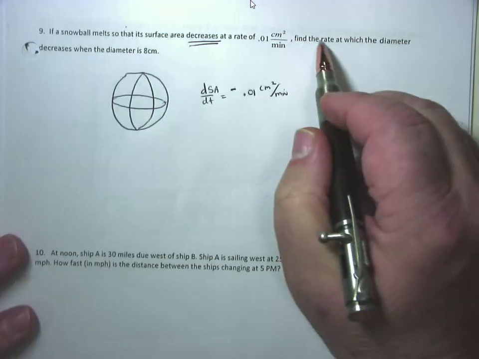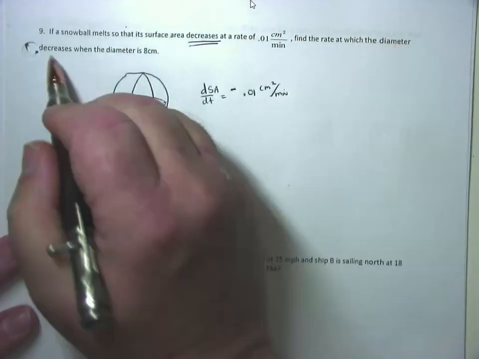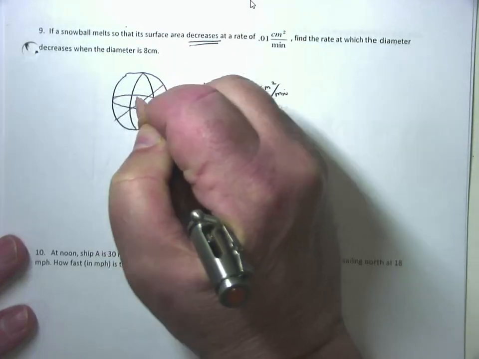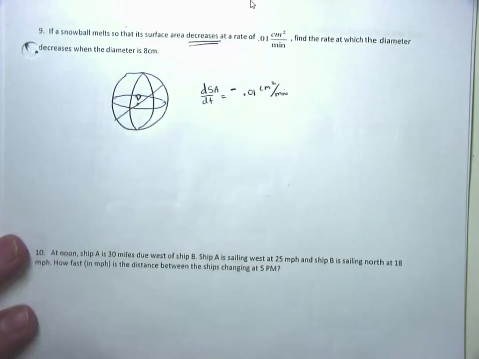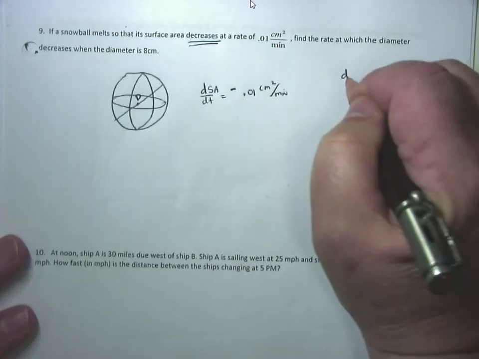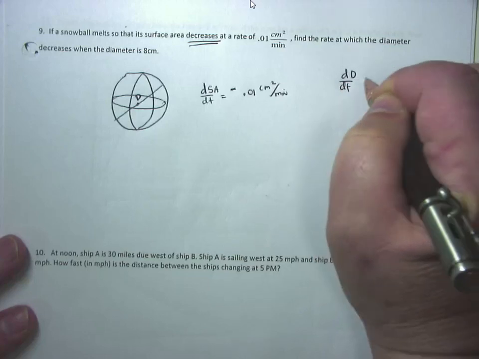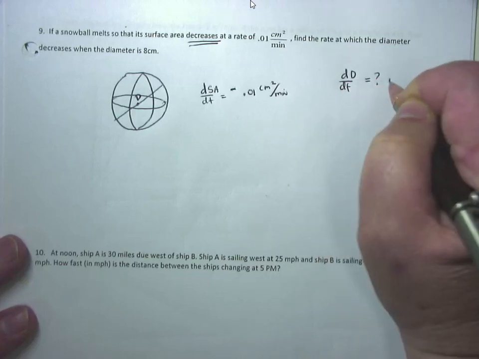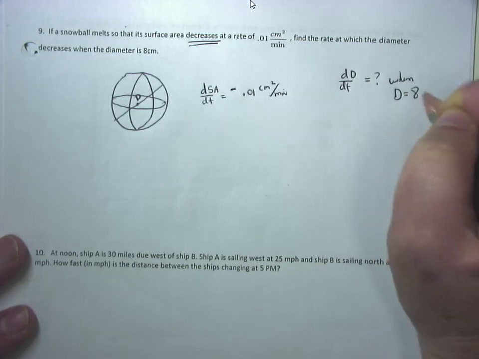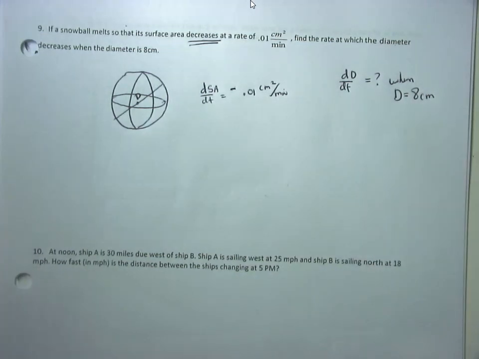Find the rate at which the diameter decreases. So the diameter is the distance from one side of the sphere to the other. I'll call it big D here for diameter. So we're looking for dD over dt equals what when the diameter is 8 centimeters. Does that make sense?